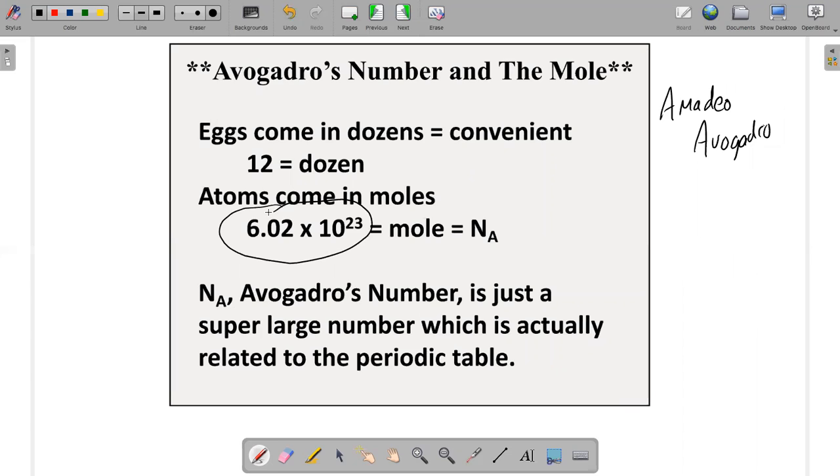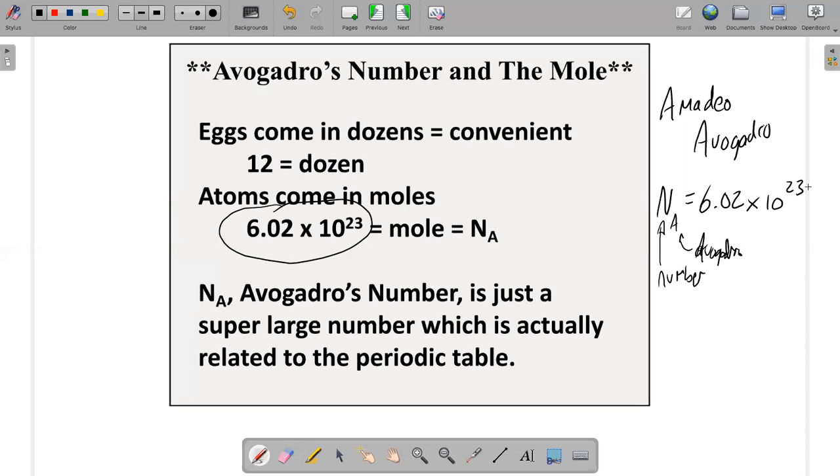We abbreviate it as N sub A. N is always an abbreviation for a number, and the sub A is for Avogadro. So N sub A literally means Avogadro's number. A lot of times people write it as 6.022, but for this course, 6.02 times 10 to the 23rd is good.